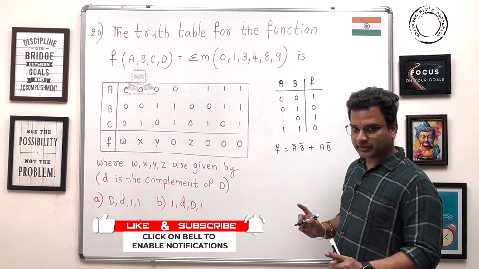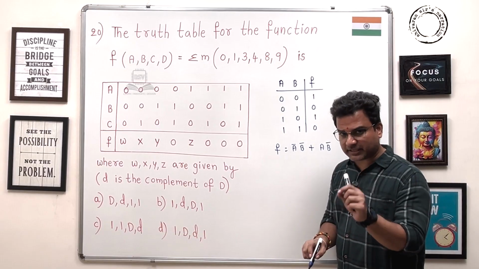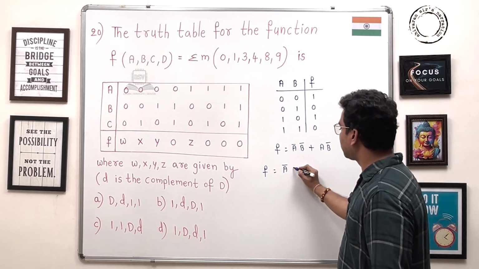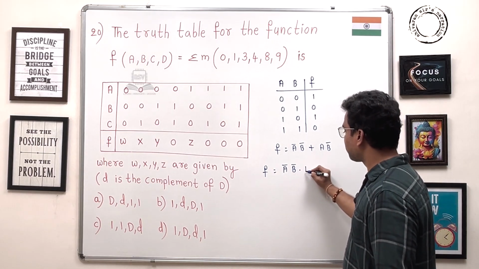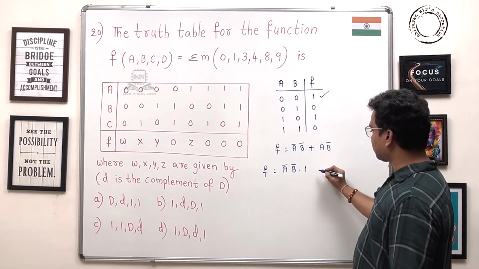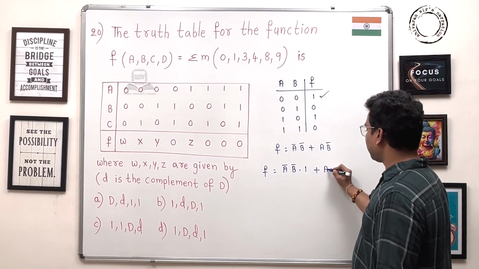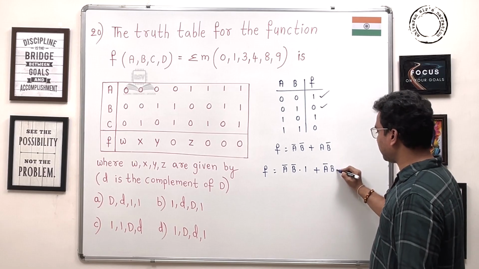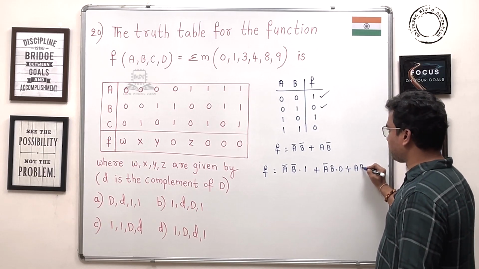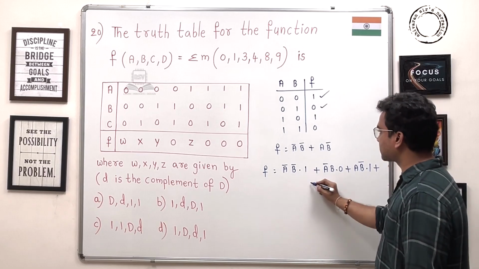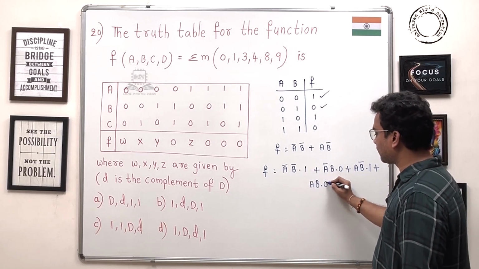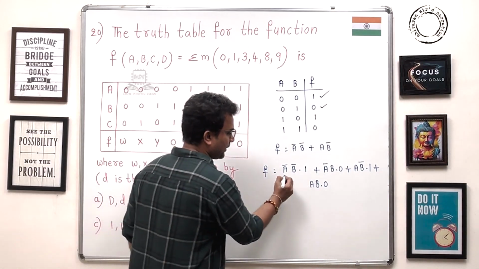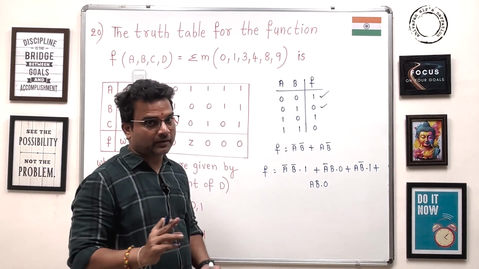Exactly speaking, do you know what is the exact expression? That is f is equal to a bar b bar into 1, because 1 is there, na? Similarly, a bar b into 0. Similarly, a b bar into 1 plus a b into 0. Anything into 0 is 0. Anything into 1 is anything. That's why you got the same. See here. This is the pattern, remember.